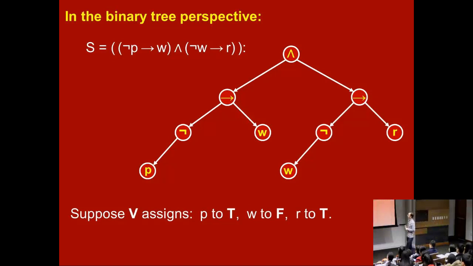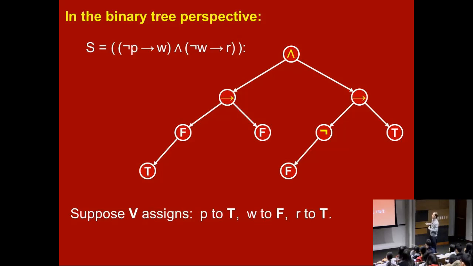You can also look at this from the binary tree perspective, and that's quite nice too. Remember we had this tennis formula, and this was the tree corresponding to it. You want to decide how a particular truth assignment, like P gets true, W gets false, R gets true, gives a truth value to the whole formula. Well, you plug it into the leaves and filter it up. So we plug in the truth assignment at the variables, which are at the leaves, and then we filter things up.